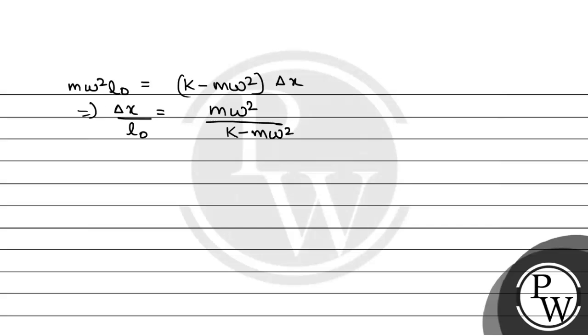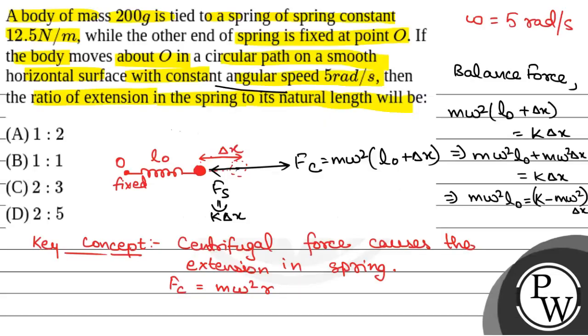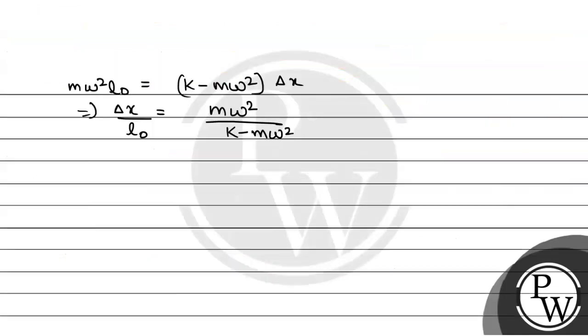Now we have been given m is 200 gram, k is 12.5 Newton per meter and omega is 5. So m is 200 gram, that is 0.2 kg, k is 12.5 Newton per meter, and omega is 5 radian per second.